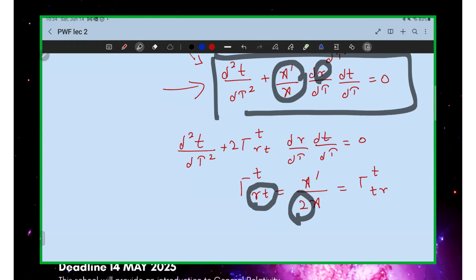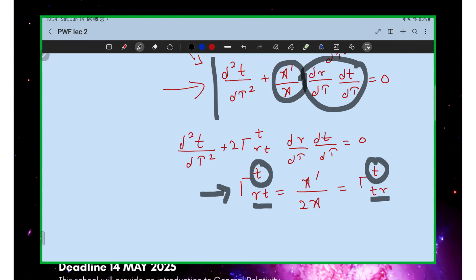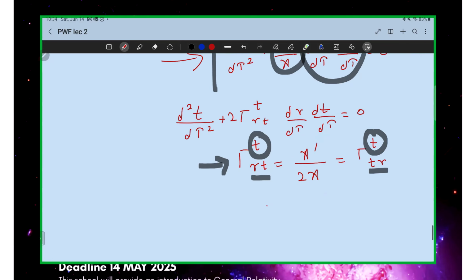If these two derivatives are equal, for example, if it was dr over d tau whole squared, then I don't need to divide by 2 because there is only one term with r in the lower indices that can contribute to this term. So you see that I have derived the fact that when you have time in the upper component, the only non-zero Christoffel symbols are these two, and all the other ones are 0.